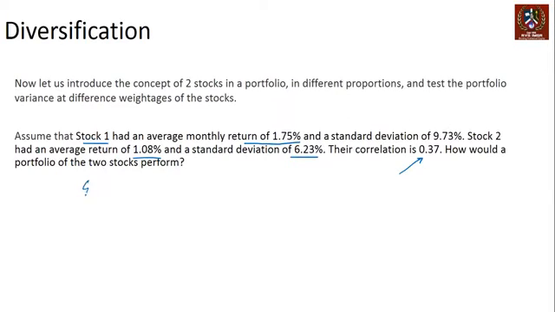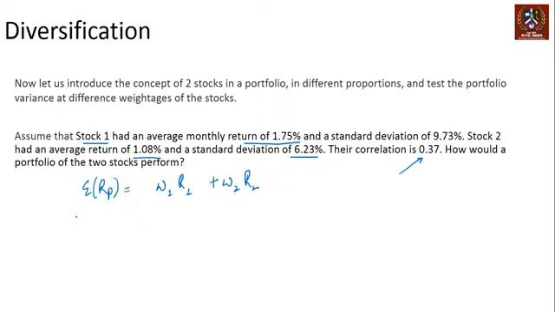Now, we know that expected return of the portfolio is nothing but weight of stock 1 into return of stock 1 plus weight of stock 2 into return of stock 2. So that's straightforward. We can calculate that, whatever weights we use, right?